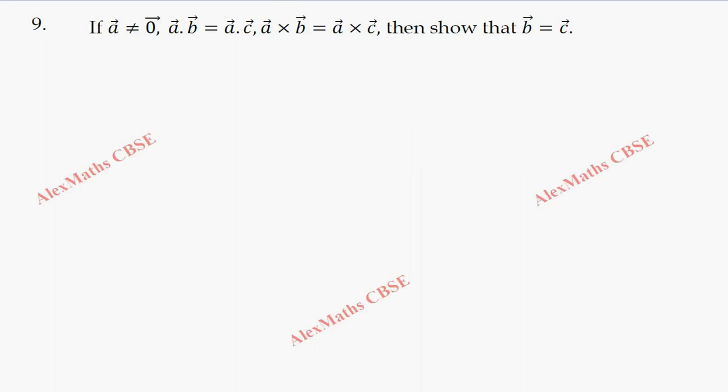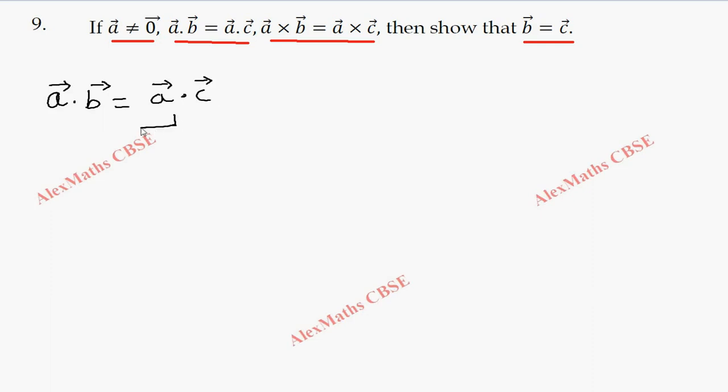Question number 9. They have given that a vector is not a 0 vector, and the conditions are a vector dot b vector equal to a vector dot c vector, and a vector cross b vector equal to a vector cross c vector, and we have to prove b vector equal to c vector. Let's take the first condition, where a vector dot b vector is equal to a vector dot c vector.